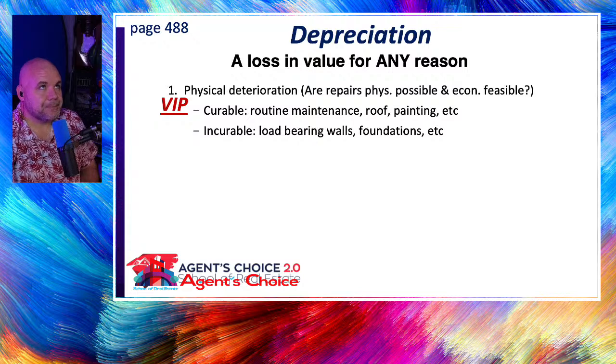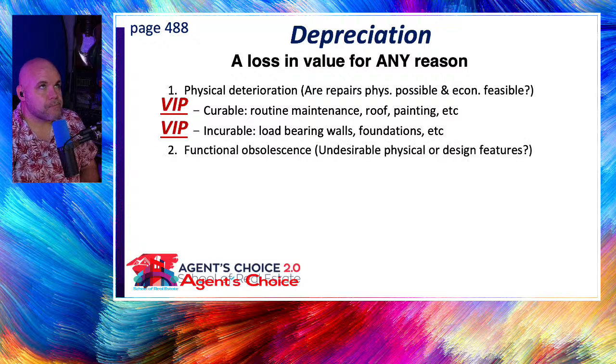Foundational stuff. There's another term you need to know called functional obsolescence. Some sort of undesirable design feature or physical feature. We don't do that anymore, sort of a thing. One thing that comes to mind that we used to see in the 70s are sunken living rooms, right? Just 2 steps down into it.